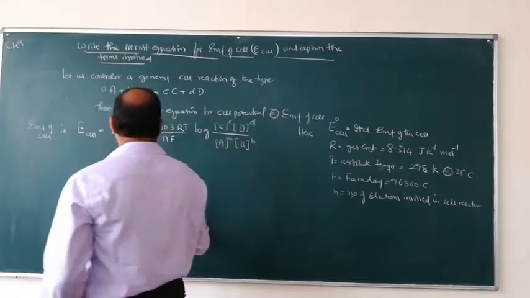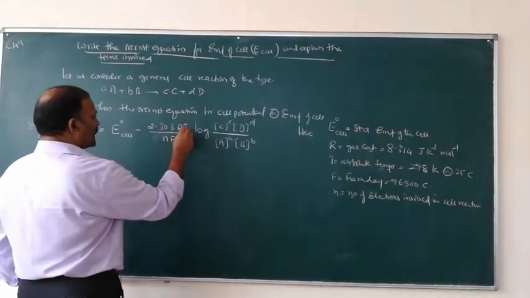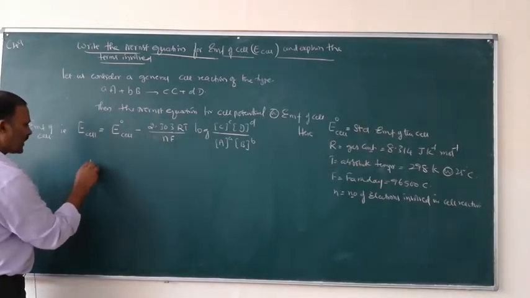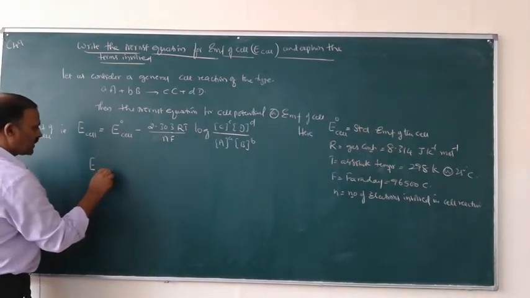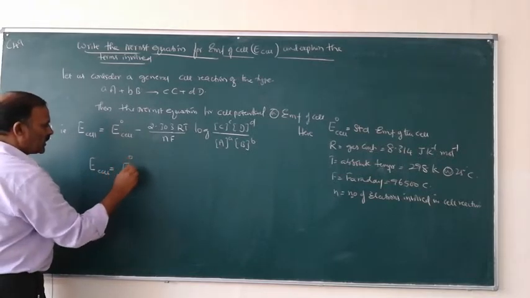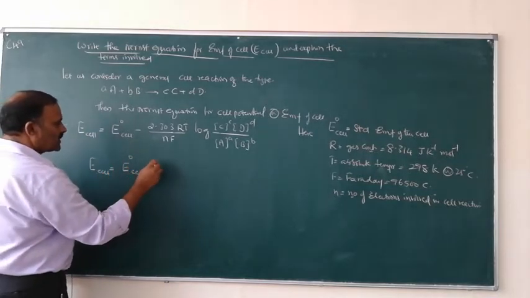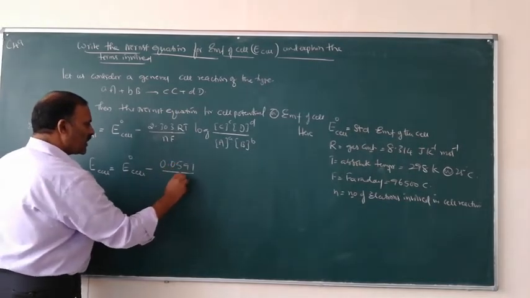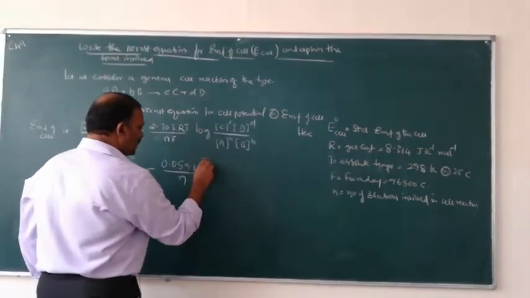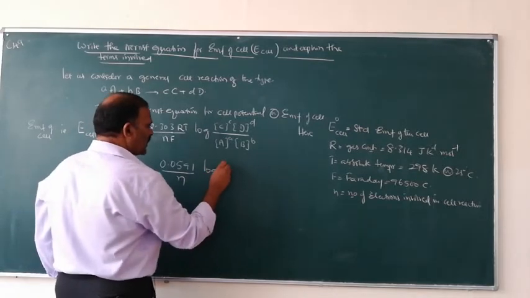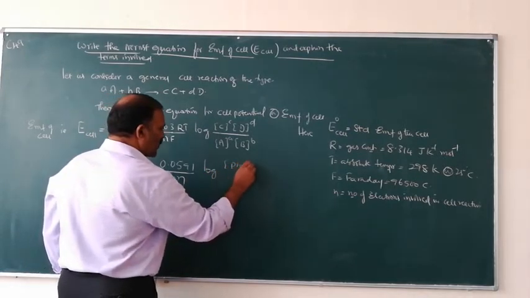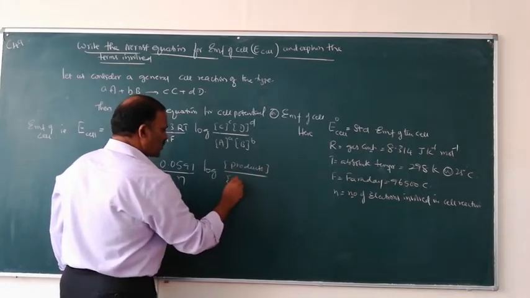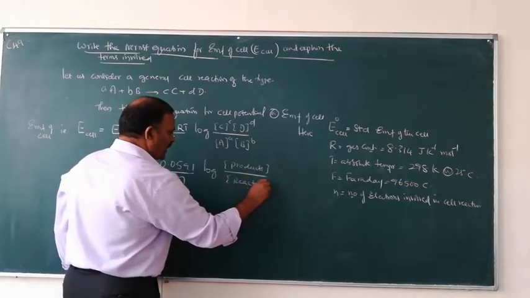So substituting the value of R, T and F in this equation, we will get E cell is equal to E naught cell minus 0.0591 divided by n log of concentration of products divided by concentration of reactants.